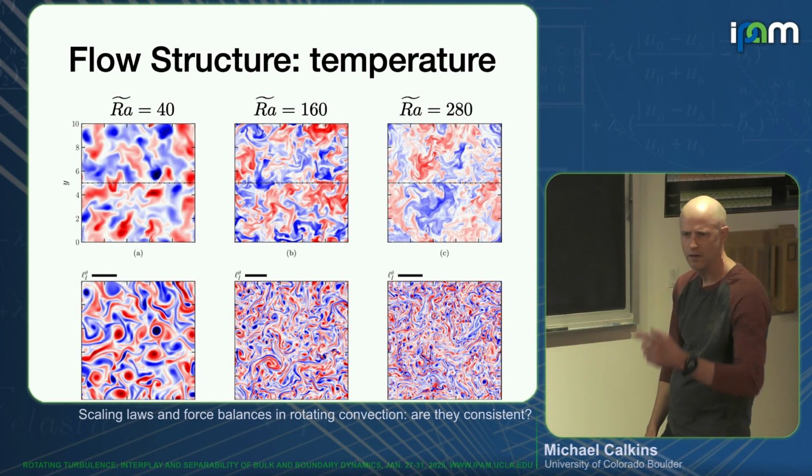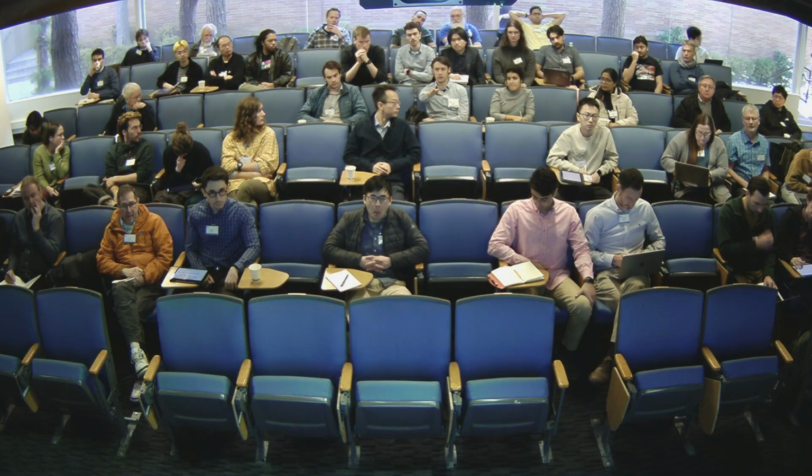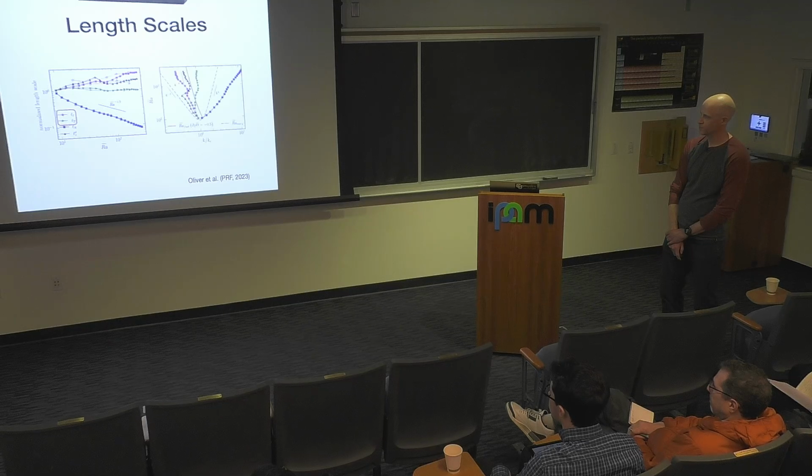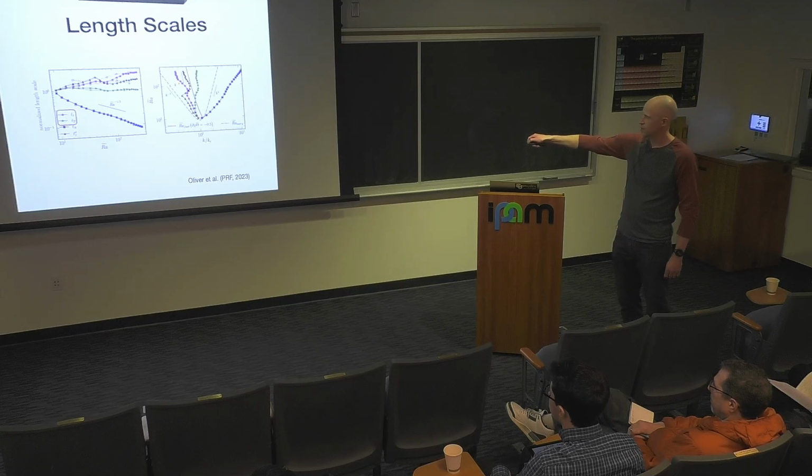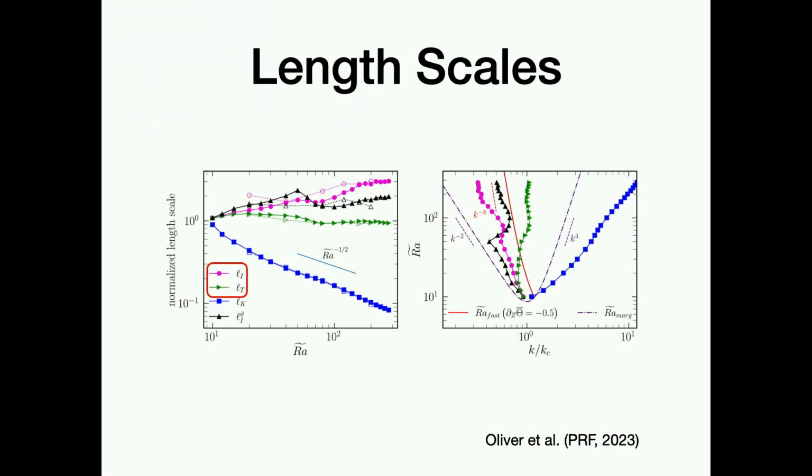I'm a bit confused when you say that this integral length scale is in the viscous range, because the ones on the right, if I think of a viscous scale, it seems really small, and the integral scale is many times larger. Right, so this is why I mentioned the marginal curve earlier. All these length scales within the band of unstable wavelengths that are defined by the marginal curve are influenced by viscosity.